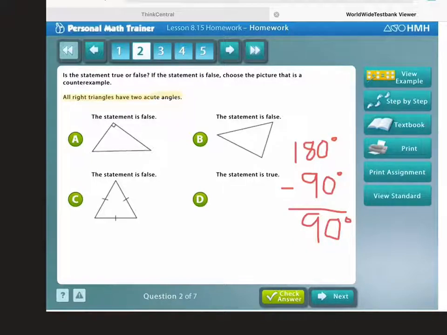So there are 2 remaining angles. As an example here, you have the right angle, and you have the 2 remaining angles, and together they must be equal to 90. And since no angle can be 0, they have to be 2 acute angles. So I would say the statement is true. All right triangles have at least 2 other acute angles. D.